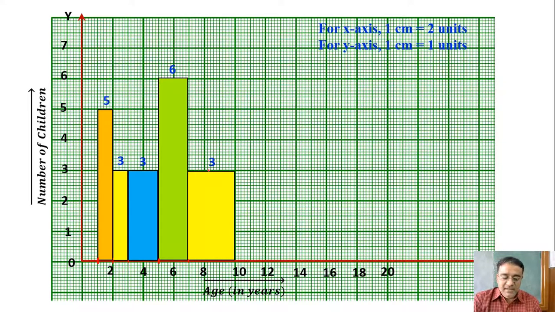And the next one is 10 to 15. 10 to 15, so 15 means up to here, and the adjusted frequency is 2.